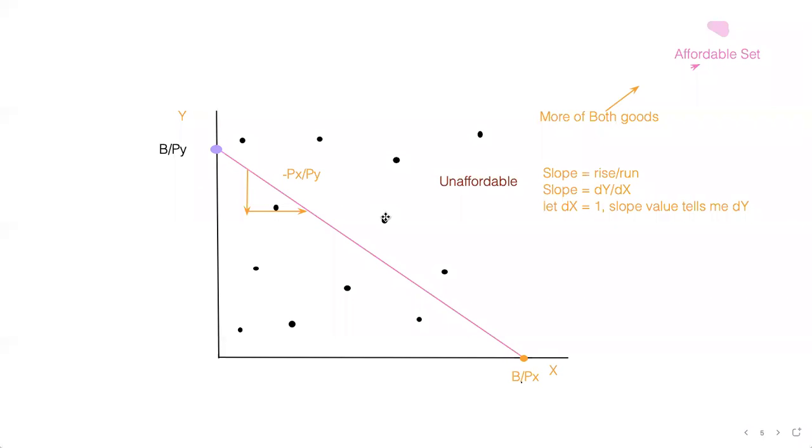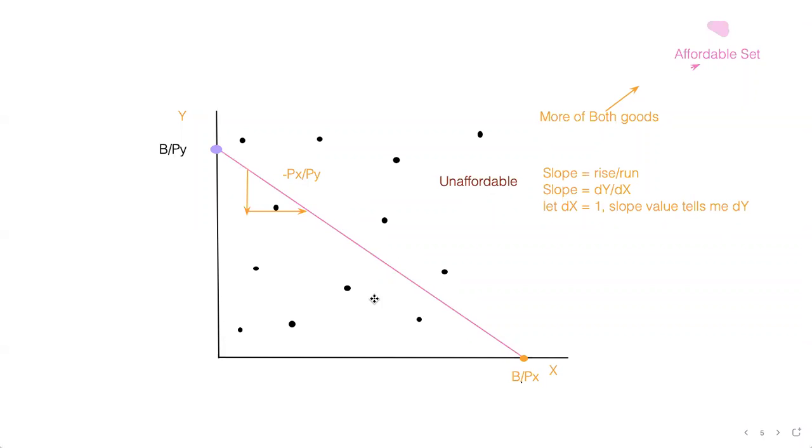Having a half a hoodie is just fine. But it's important that you understand that this division of the prices tells us how much of the Y good we have to give up in order to purchase some amount of the X good and still stay on this budget line.